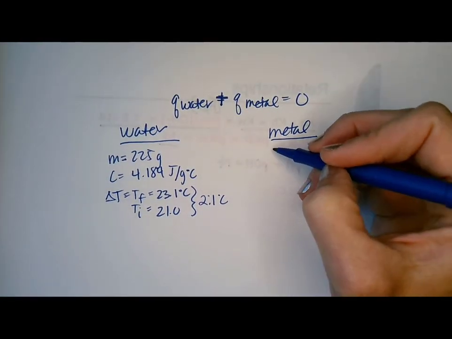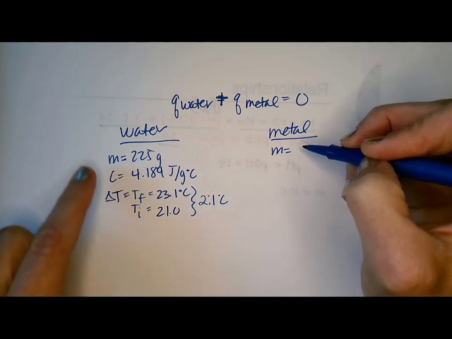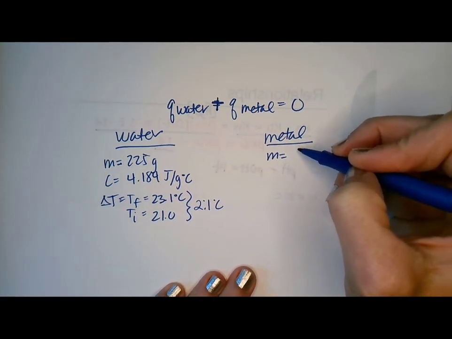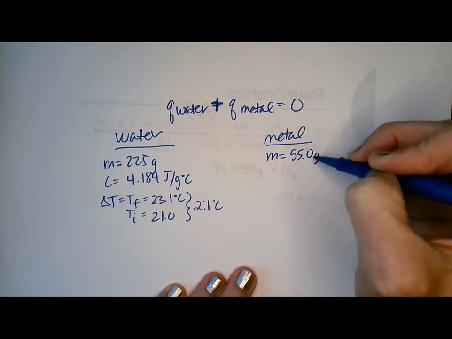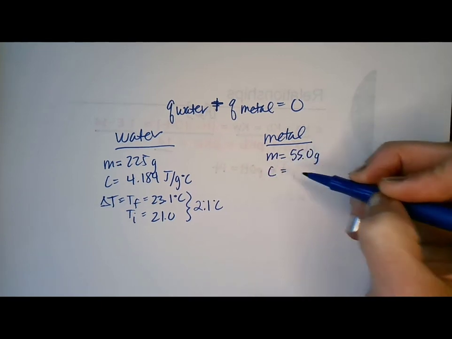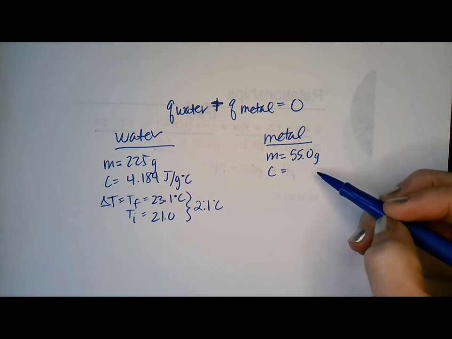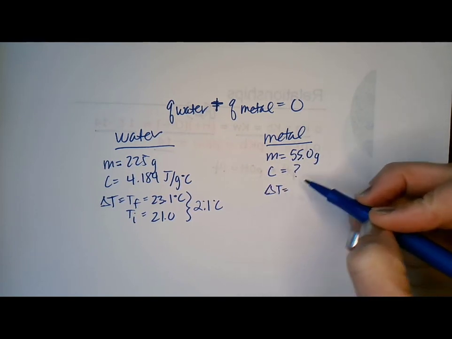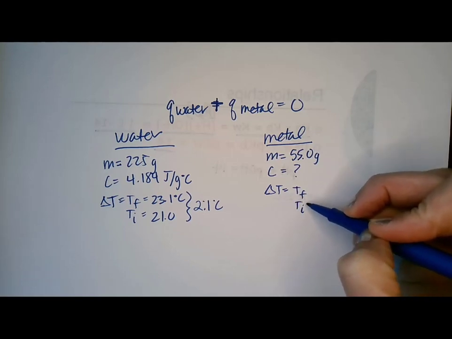All right, now let's look at what we know about the metal. It tells me that my metal's mass was 55.0 grams. We don't know the specific heat capacity of the metal. Delta T, TF and TI.